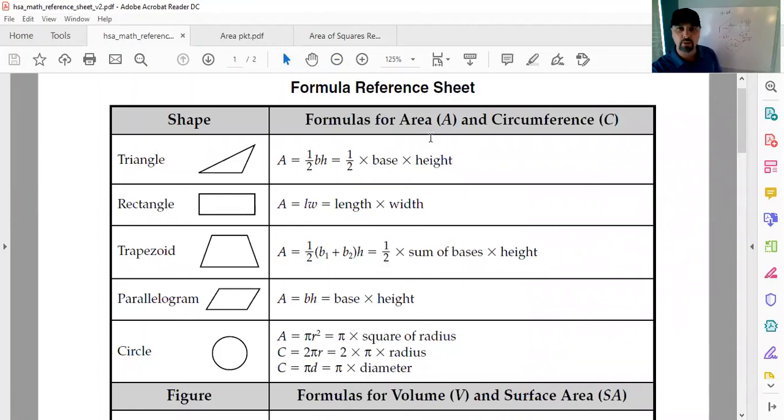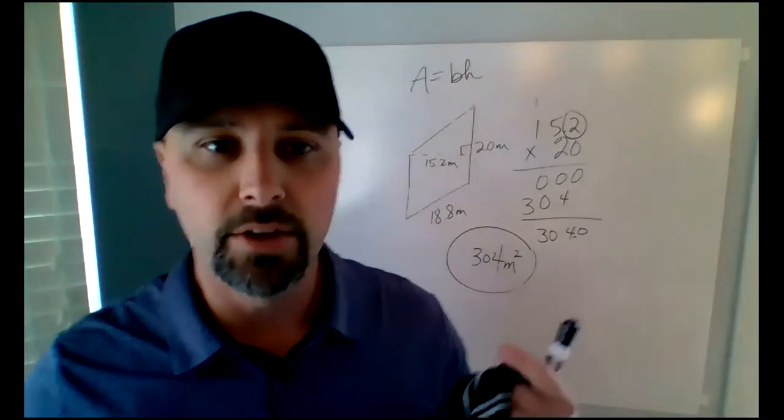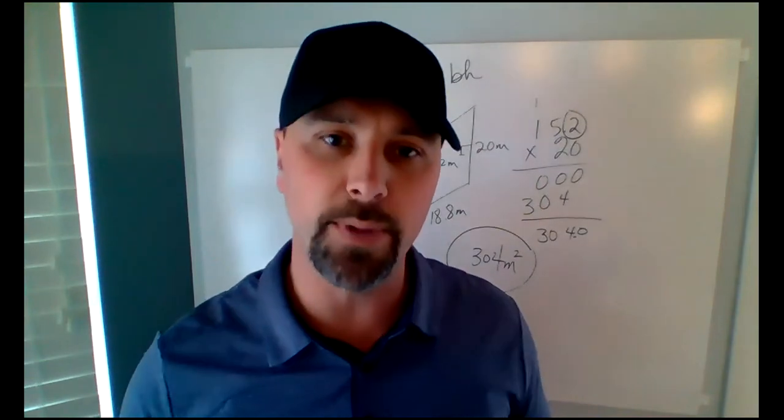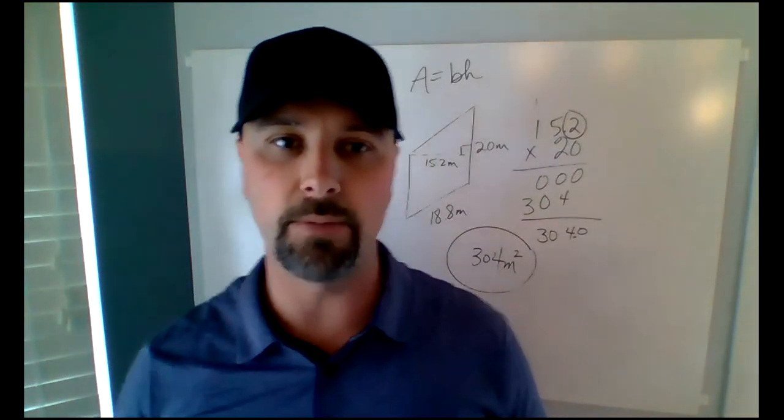So for right now, what I mainly wanted you to do was understand that area is a way to measure space, flat space, okay? It's always measured with squares. How many squares fill a space? And we figure out how many squares it is by using formulas, depending on the shape.